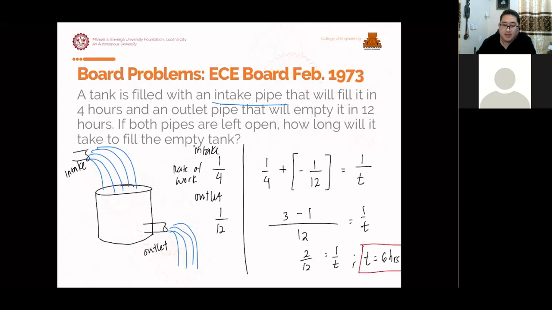So, ibig sabihin, it would take 6 hours bago mapuno yung tank kapag iniwan natin bukas parehas yun. Okay? Which is reasonable kasi 4 hours para mapuno kapag puro intake lang siya, and then 12 hours para ma-drain siya fully. No? So, ayan. So, 6 hours daw pag naiwan silang bukas.